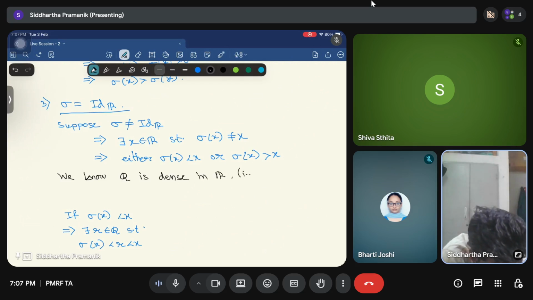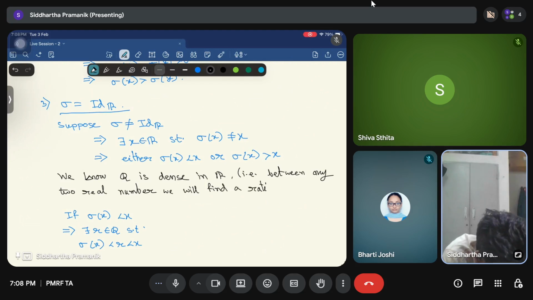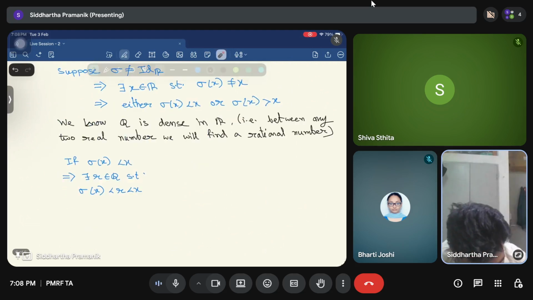So that means between any two real numbers, we will find a rational number. So this is also a result from analysis. So we are using that here.